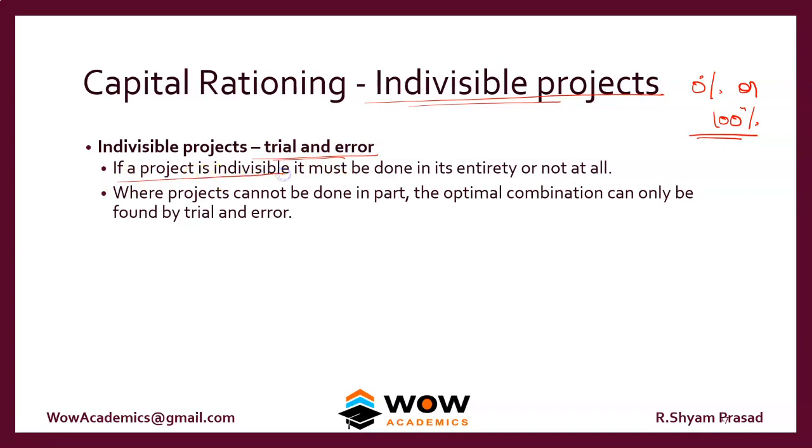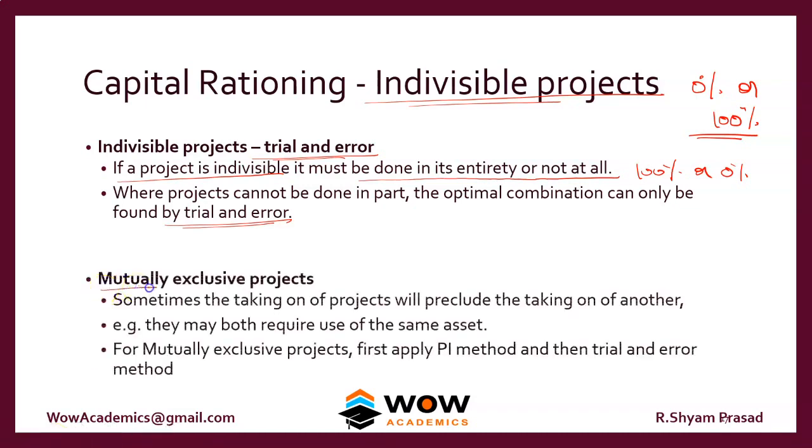If a project is indivisible, it must be done in its entirety or not at all. Either it's going to be 100% or 0%. Where projects cannot be done in part, the optimal combination can only be found through trial and error. So if a problem states that the projects are indivisible in nature, then you have to use the trial and error method.